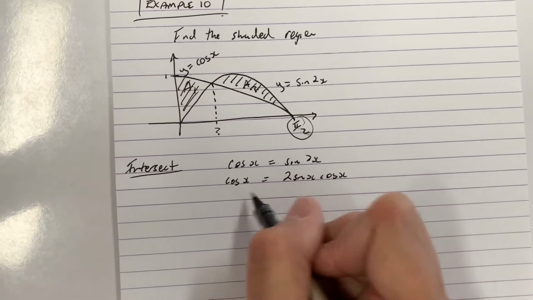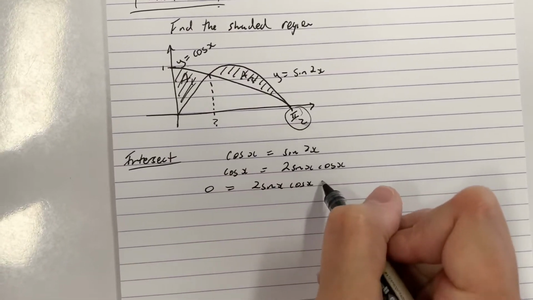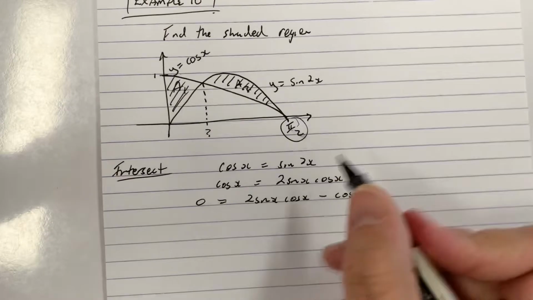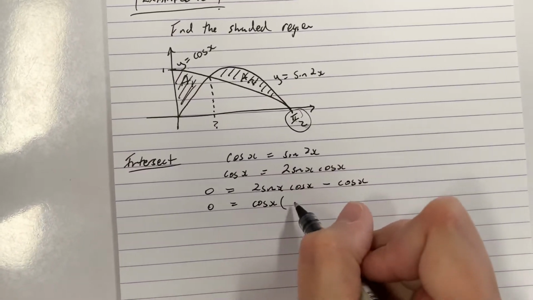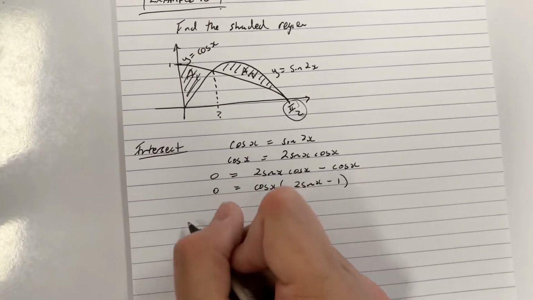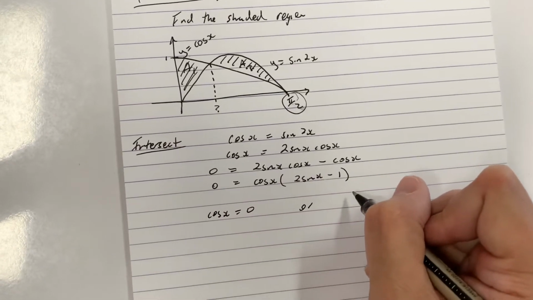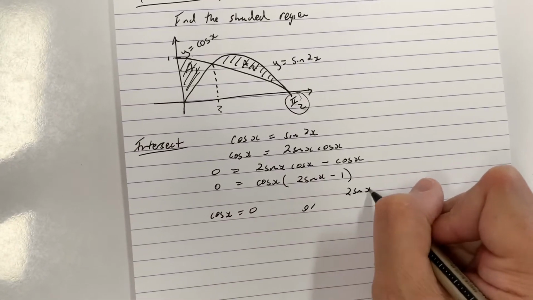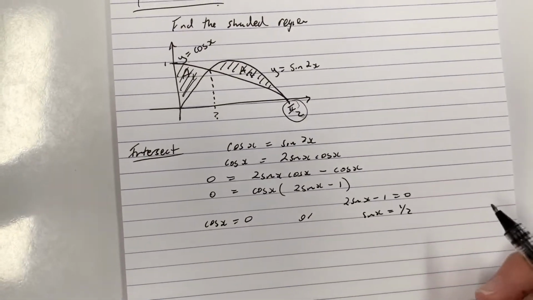So if I bring the cos over, 2 sine x cos x minus cos x, and I then factorise and take the cos x outside, 2 sine x minus 1. We then get that cos x equals 0, or if I've got 2 sine x minus 1 equals 0, sine x will equal a half.